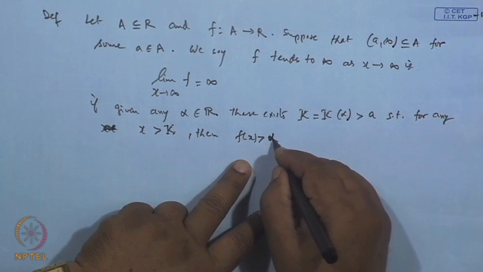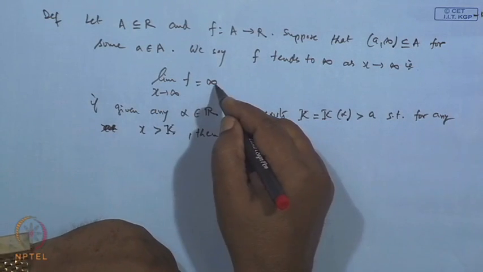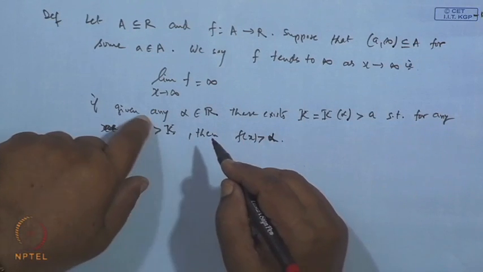So, this is the concept when both c is infinity and L is also infinity.